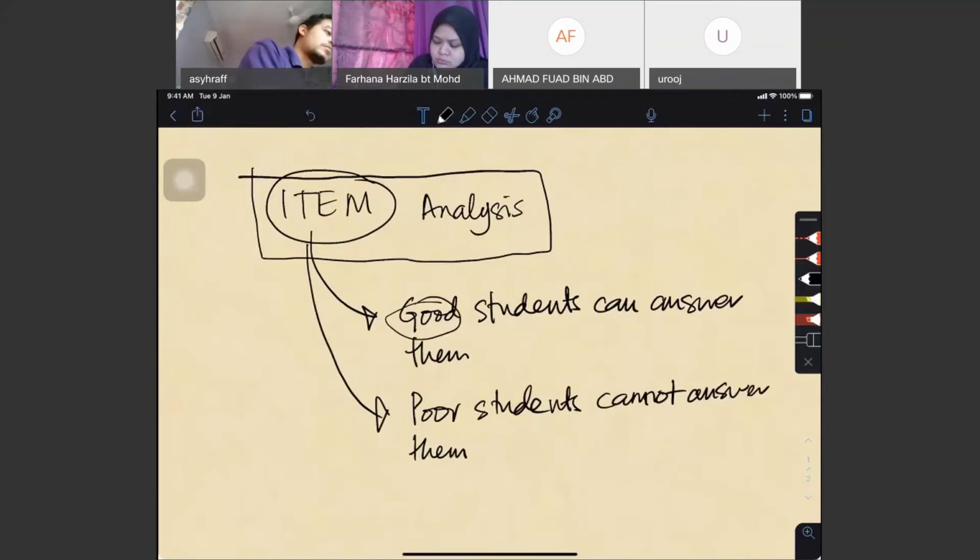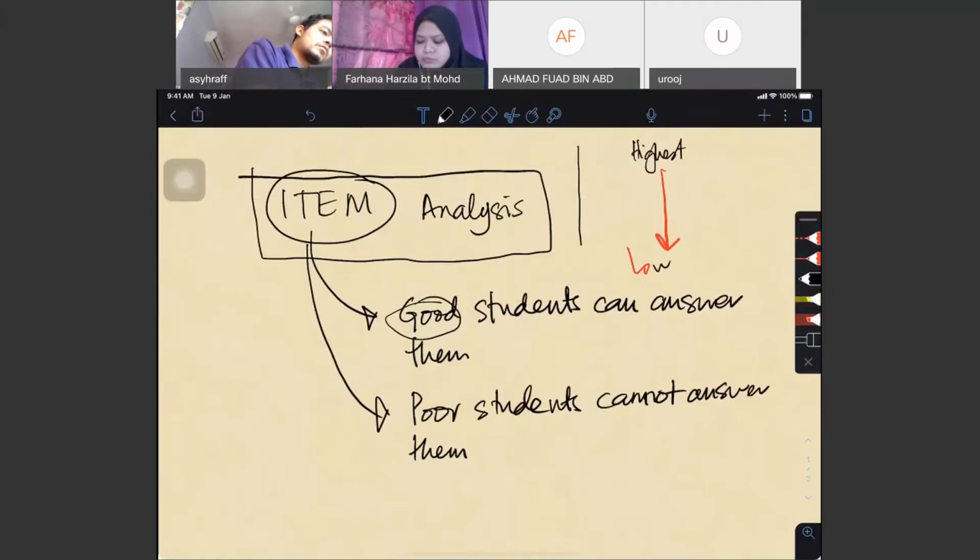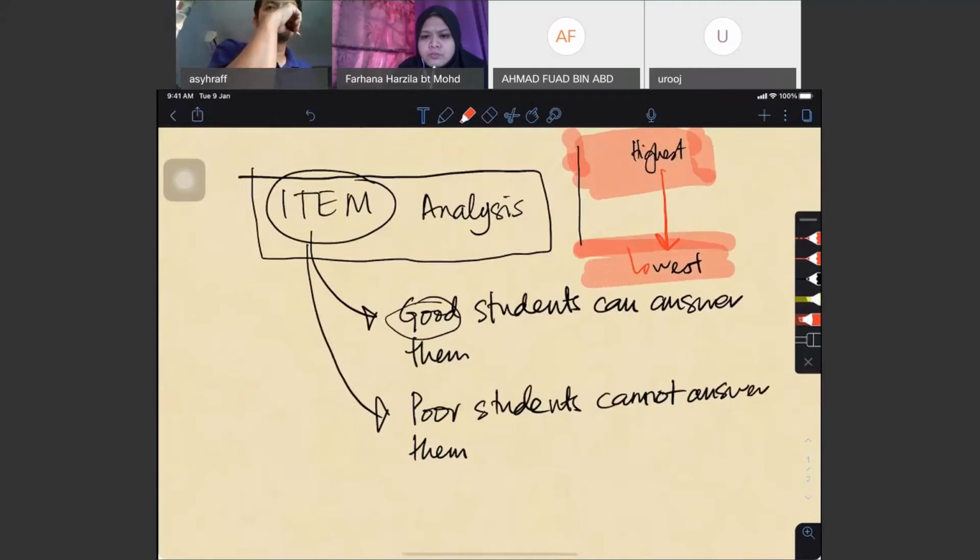After the exam, the students will have overall marks, so we rank the marks from the highest down to the lowest. Those at the top of the list are the good performing students, and those at the bottom are the poor performing students.